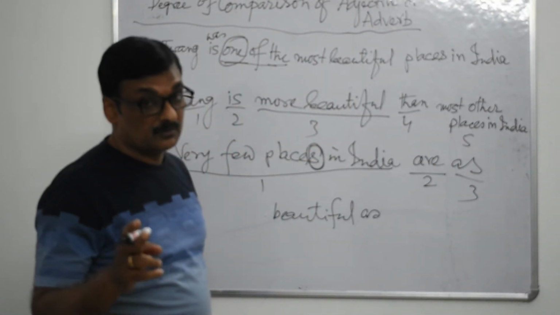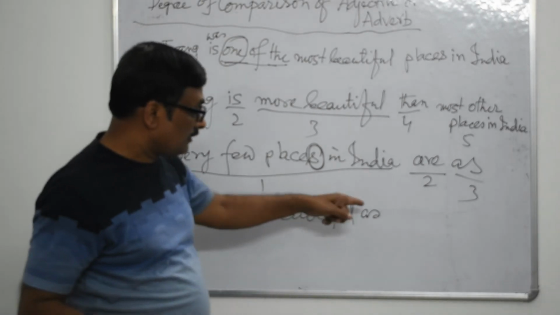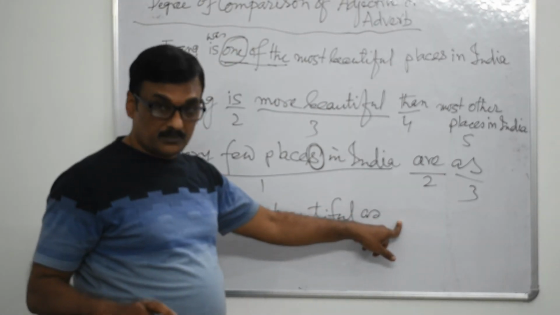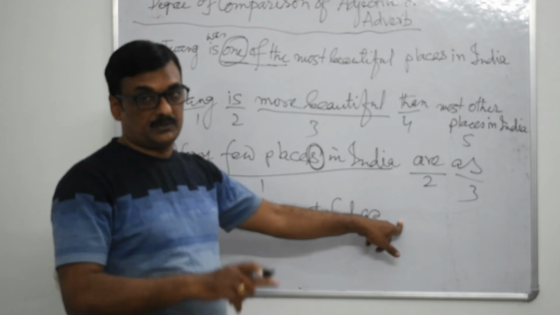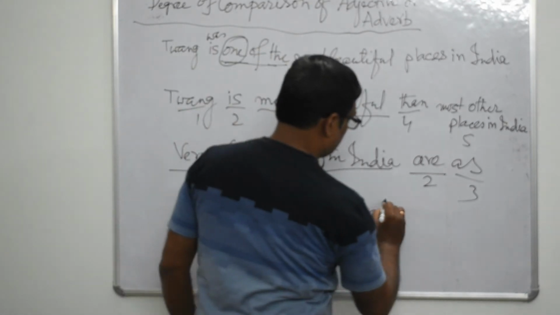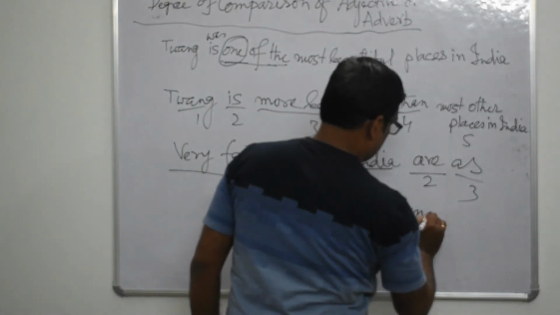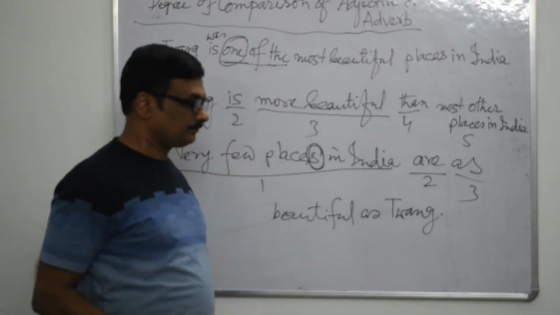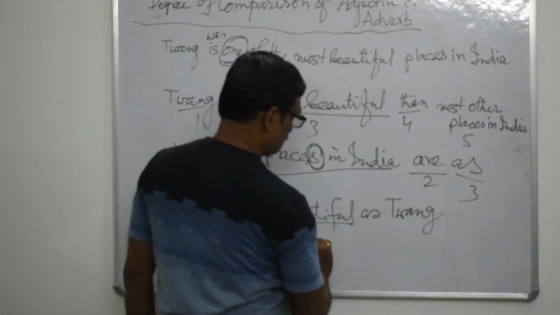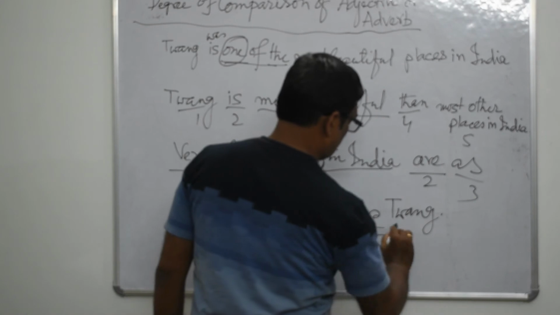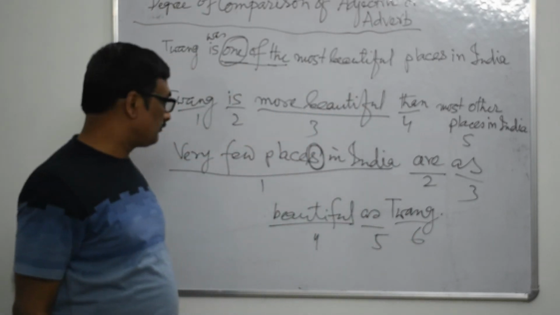What is the subject of the comparative and superlative degree? It comes to the place of object in the positive degree. So Tawang is the subject that comes here as the object. So this is the answer.